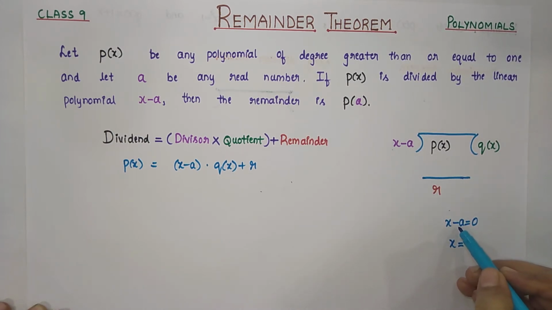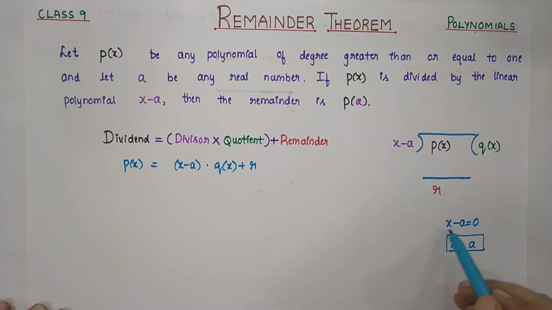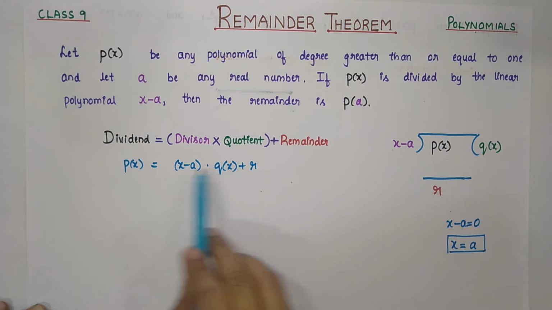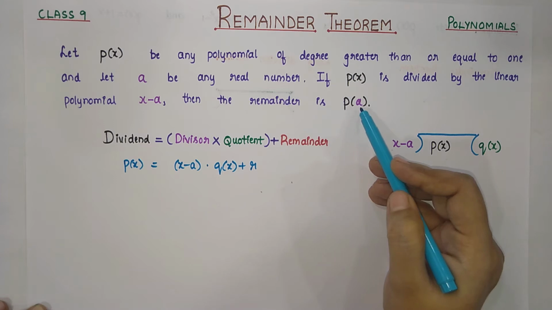We have minus a on the left hand side, so by taking that a to the right side, we get value of x as a. And this x equal to a is nothing but the 0 of this polynomial x minus a. So this value of x equal to a, we have to replace here. That is, wherever x is there, you have to replace that x with a, so that we get p of a.